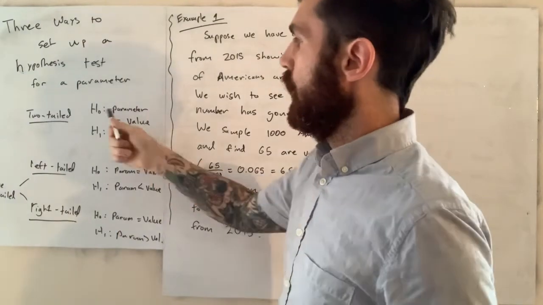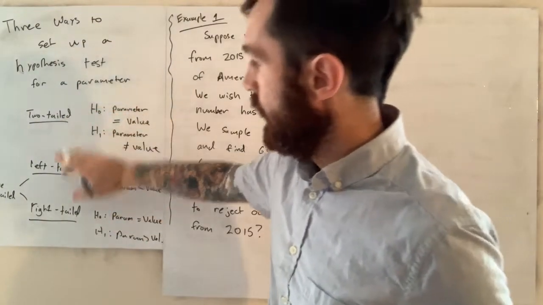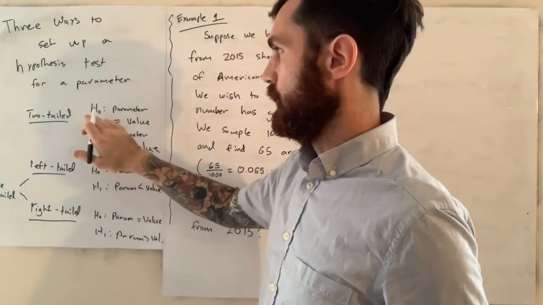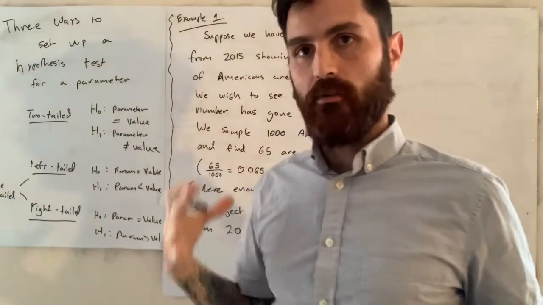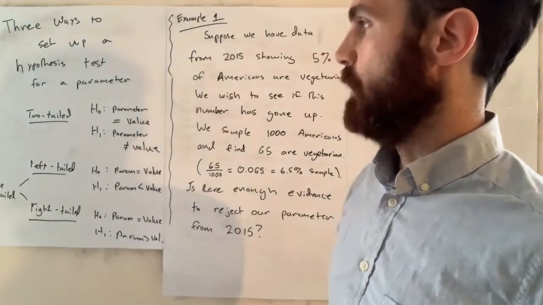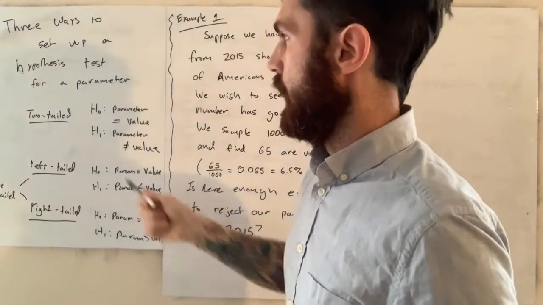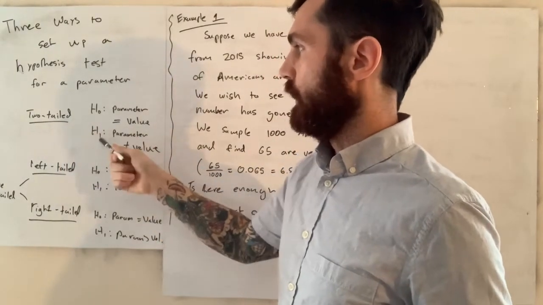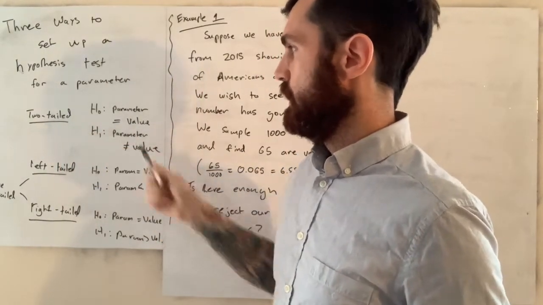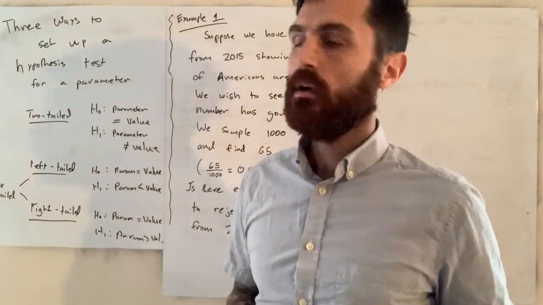That's always going to be the null hypothesis for any of these options. It's always going to be parameter equals a value. That's what we believe. We're always going to be using some previous information to believe that. And for two-tailed, our alternative hypothesis is always going to be parameter is not equal to the value.